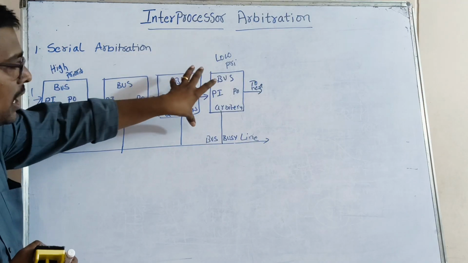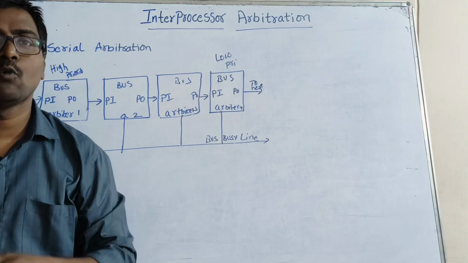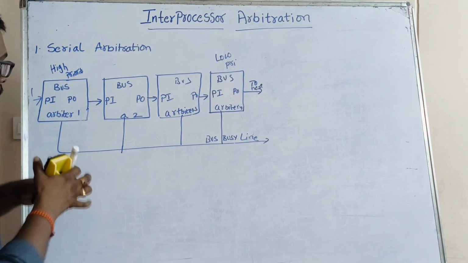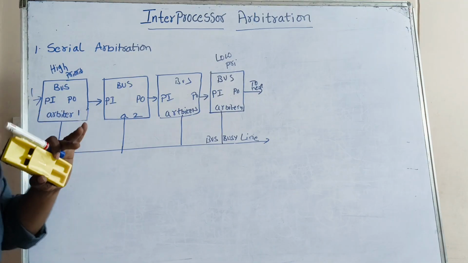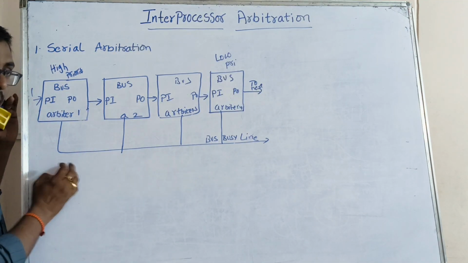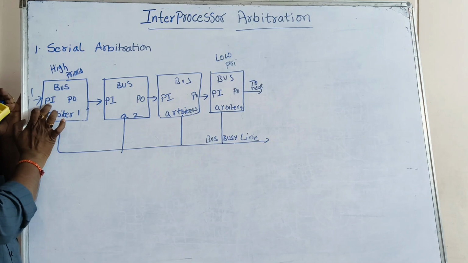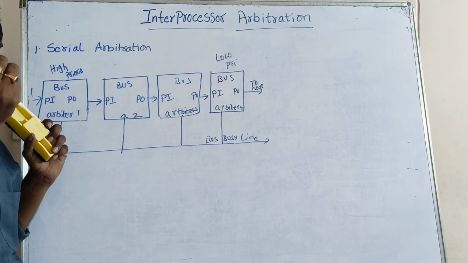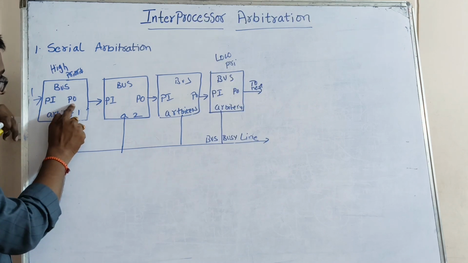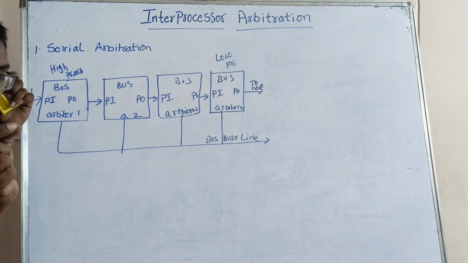How is each arbiter executed? Simply, a processor requests a bus. Assume all the processors request the bus at the same time, the bus enable line is moved to priority in. Whenever the priority in value is equal to 1, immediately it provides PO value equal to 0.